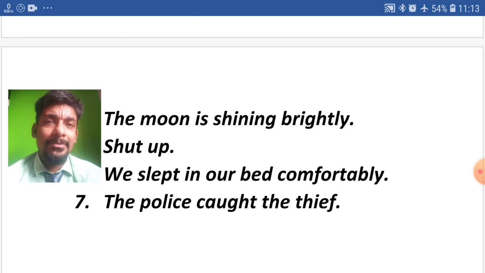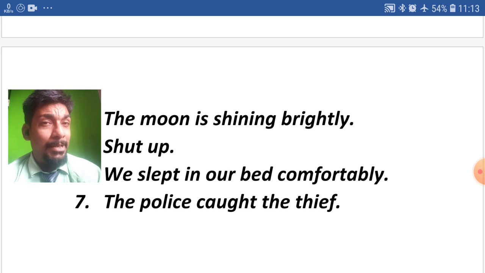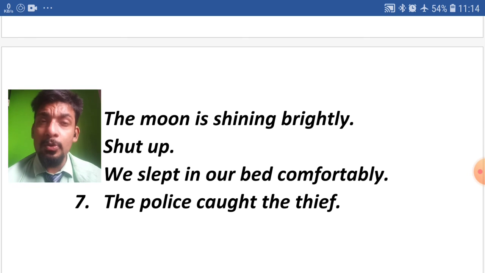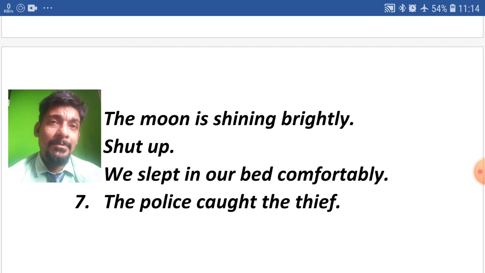And the thief is an object. And hence, right from the word caught till thief, it became the predicate. Why? Because it contains both verb and the object. And as I told you earlier, verb and object together make the predicate. Now I hope the concept of subject and predicate is clear to you guys.